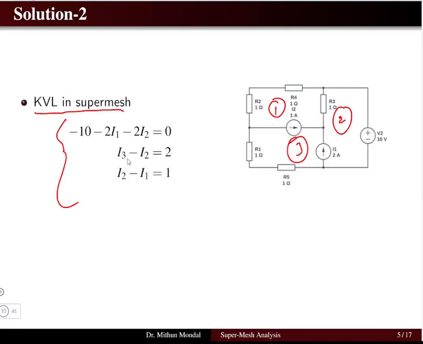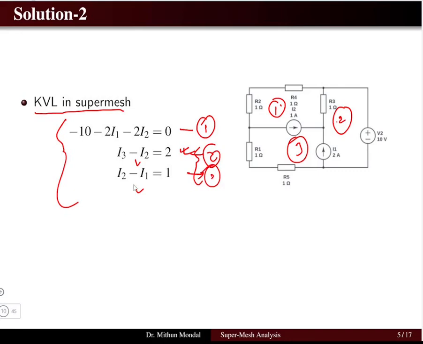Here we have taken I3 minus I2 is equal to 2 ampere. It means that we can change the mesh number depending upon the current whatever we have taken here. This equation is the super mesh equation, which is equation 1, and equations 2 and 3 are due to the constraint equations in the super mesh.